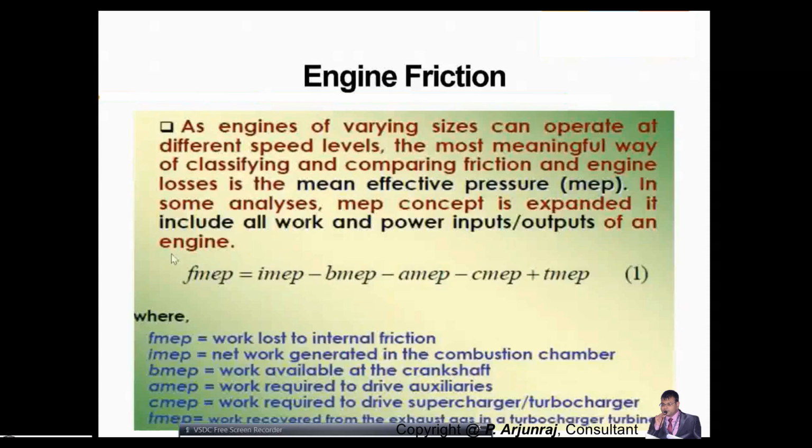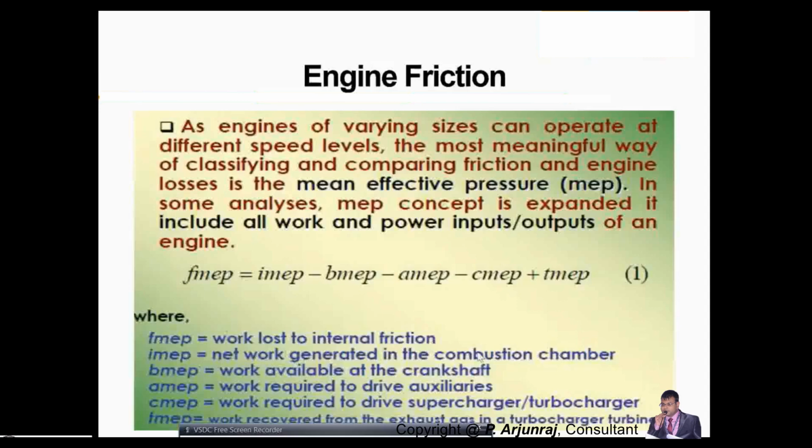You have also seen the friction mean effective pressure is the summation of all the mean effective pressures. Here you need to consider the work loss to internal friction, which is the output we are going to measure: how much friction is exerted when the engine is running during the course of operation. Here you have the indicator mean effective pressure, which is the net work generated in the combustion chamber.